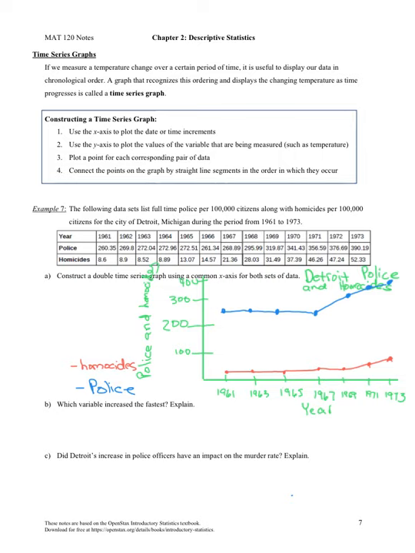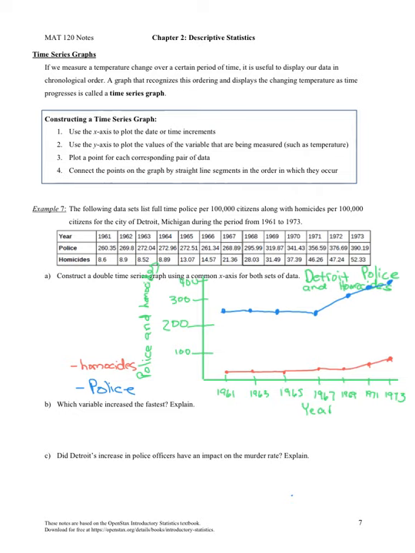For letter B, they ask us, which variable increased the fastest? Well, starting in about 1967, it looks like both the number of police officers and the number of homicides take an increase. But if you look at our blue line, it's increasing much faster than our red line is increasing.